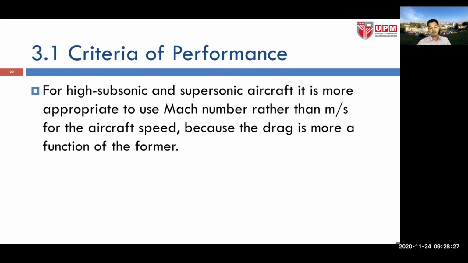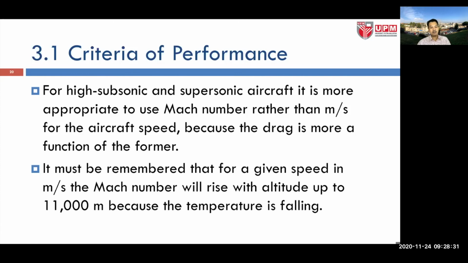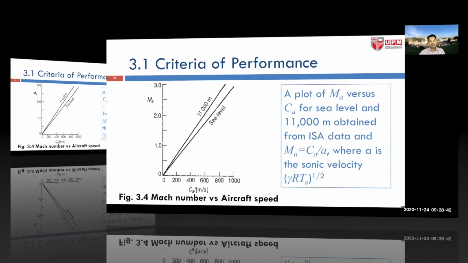It must be remembered that for a given speed in meters per second, the Mach number will rise with altitude up to 11,000 meters, because the temperature is falling before it is fixed.